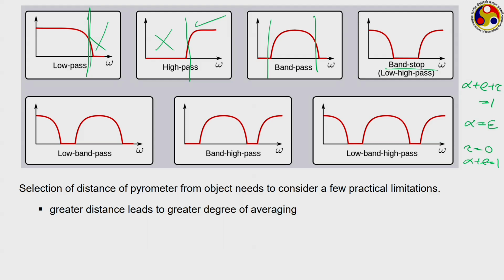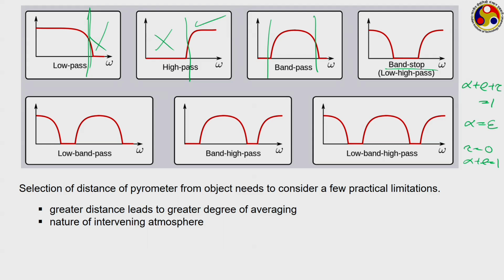However, there can be several other factors which can decide this distance. The greater the distance, the more averaging we have to go for, because the emission coming from the source gets scattered in all possible directions, thereby only a small fraction may reach your sensor. So, you have to go for some kind of averaging.